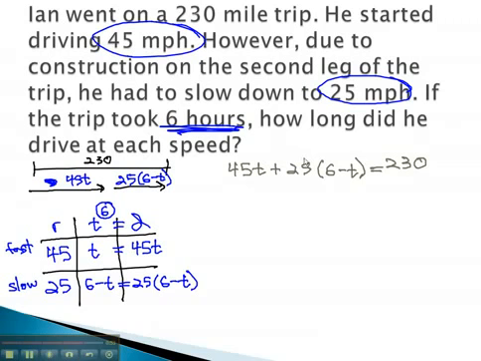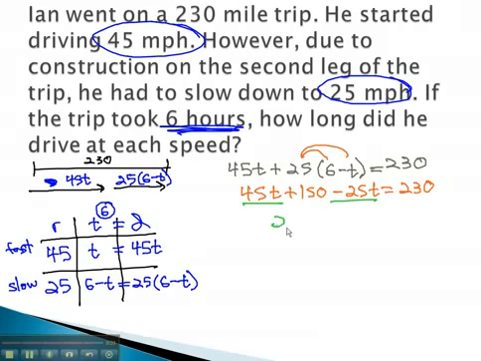We can quickly solve this equation by first distributing through the parentheses. When we do, we get 45t plus 150 minus 25t equals 230. Combining like terms will give us 20t plus 150 equals 230.